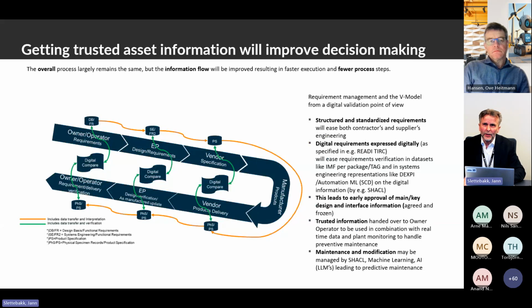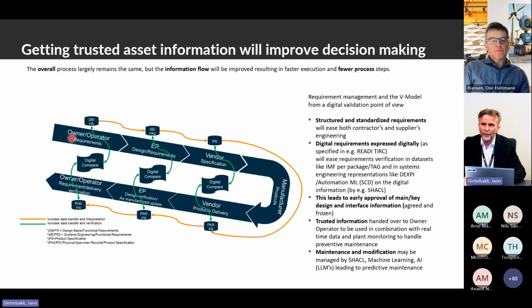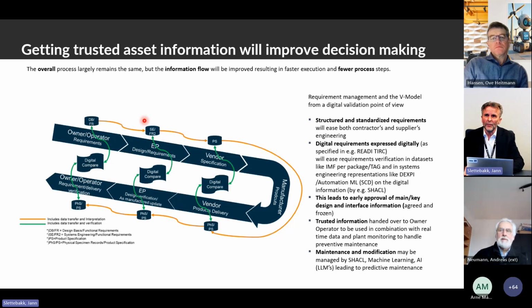This is an illustration of the traditional V model, where you get the design basis, the required project requirement from your client. They are normally refined by some bodies in the engineering procurement process, an EPC company or similar.